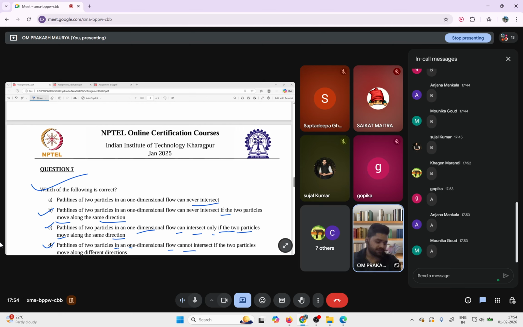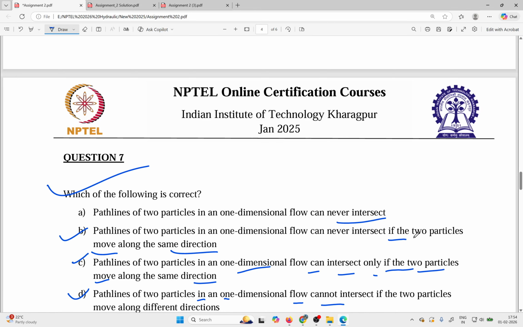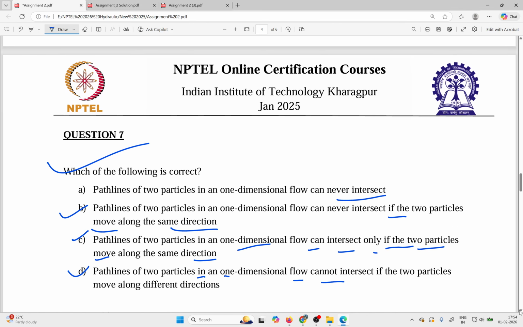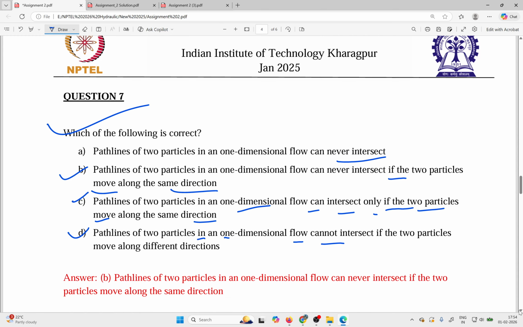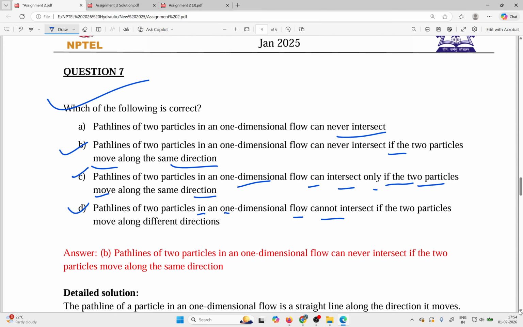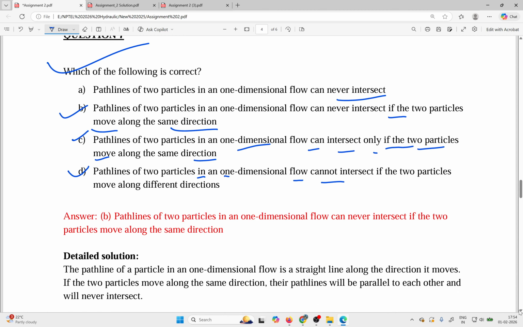Okay, now I'll show you the answer. What will be the correct one? Option B will be correct. Let us see first the detailed solution.